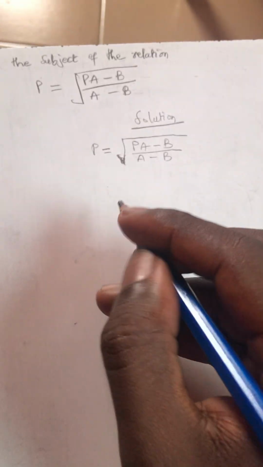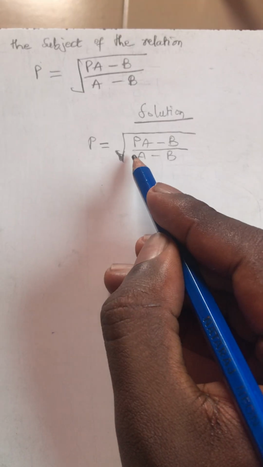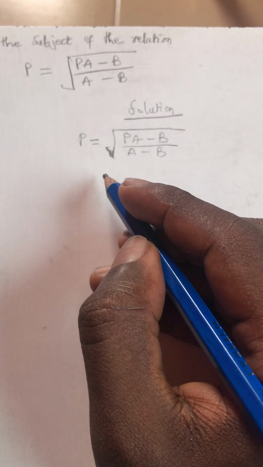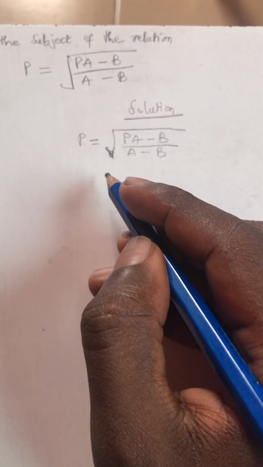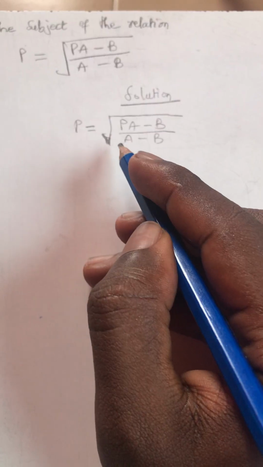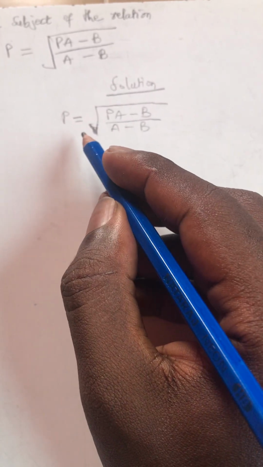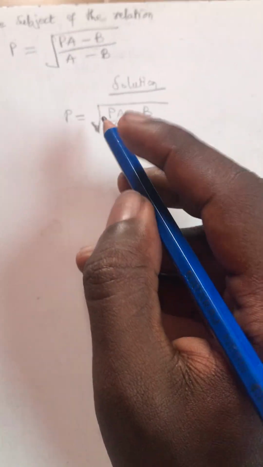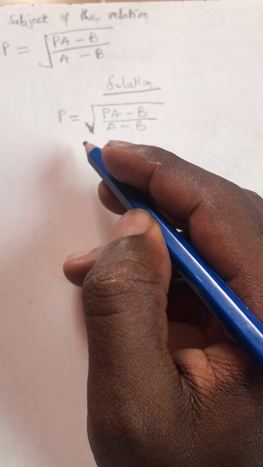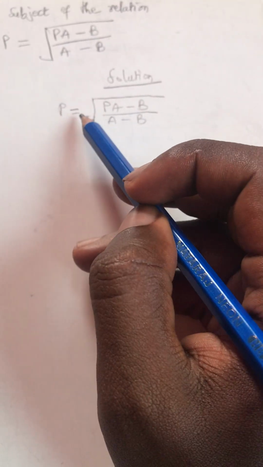Okay, so whenever you have the square root and you want to eliminate it, you square the root, you cancel out with a square, in order to eliminate it. And whatever you do for the left hand side, you do the same for the right hand side. So we have to square each side of the equation in order to eliminate the square root, right?